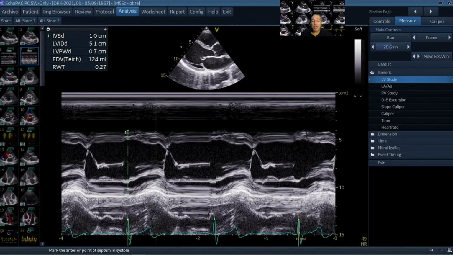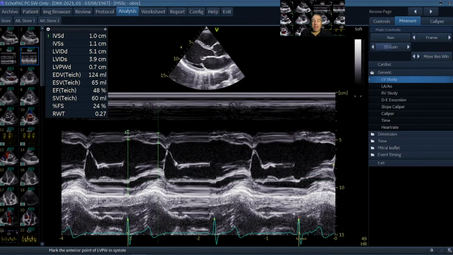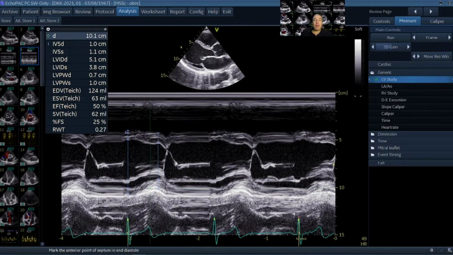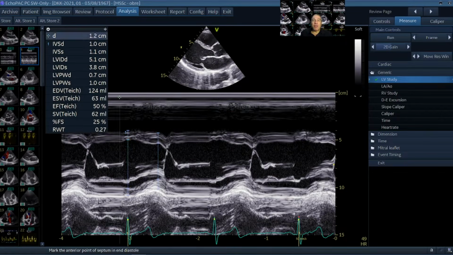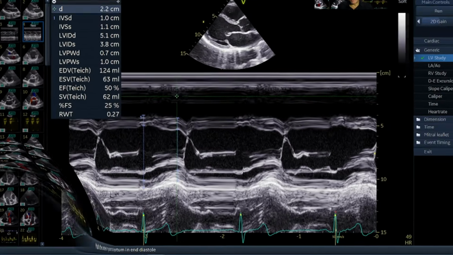So when I measure here, and systole is probably somewhere here, these are the diameters, and this is what we get as a result. You may scroll back in the video and compare those values to the values that I obtained with 2D measurements, and you might notice that there are some differences, which are mainly due to the different methodology of measurement.